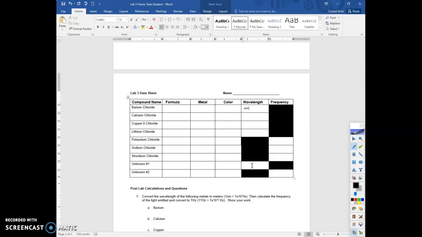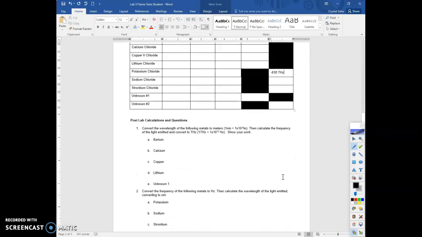So the frequency for the others, the potassium, sodium, strontium, and unknown number 2, you can just type in here as being 430 terahertz. So that's capital T, capital H, lowercase z. Okay, so all of these are going to be in nanometers, and then you're just going to repeat this 430 terahertz for these other 3 here.